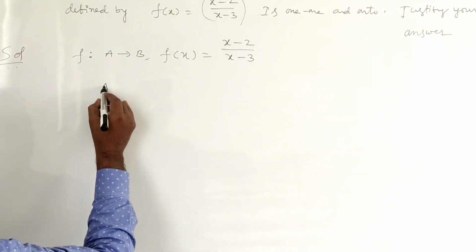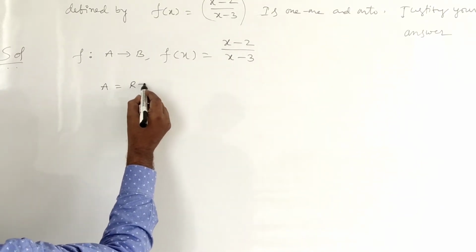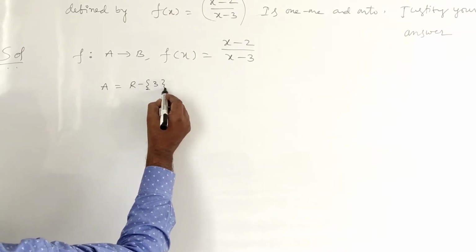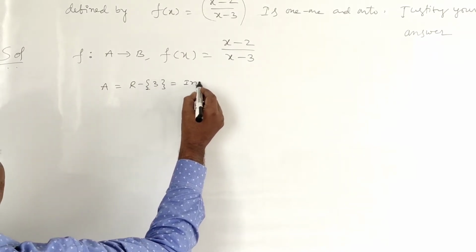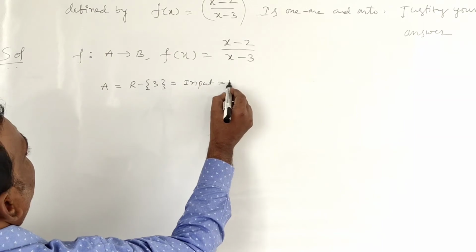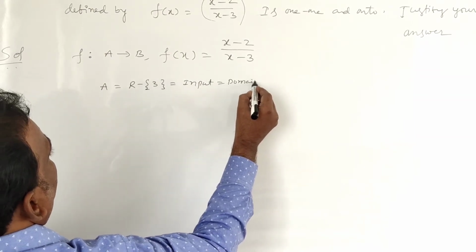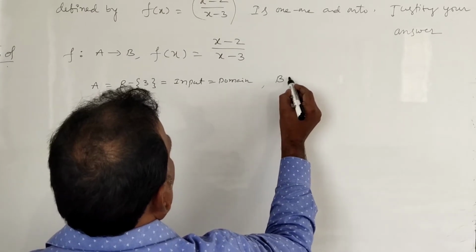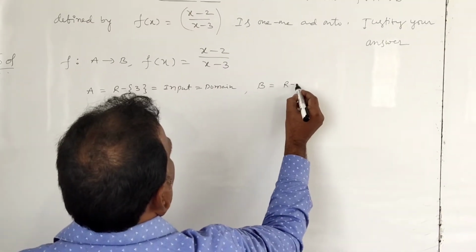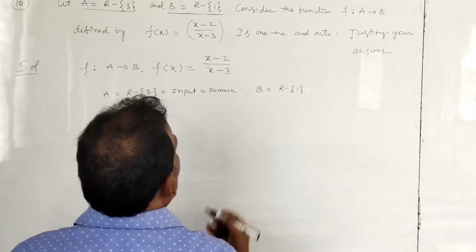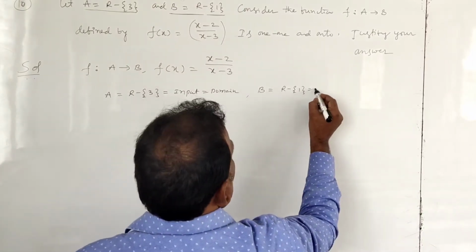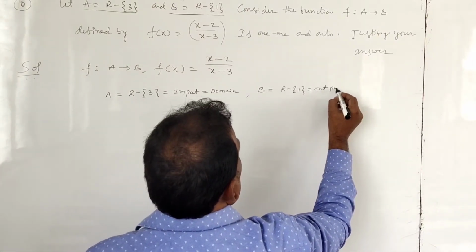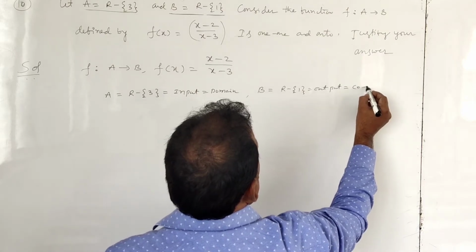What is A here? A is equal to all real numbers except 3. This is input or domain always. Remember students, this is input or domain. Next, they are giving B. What is B? B is equal to R minus the set of 1, all real numbers except 1. This is output, codomain.